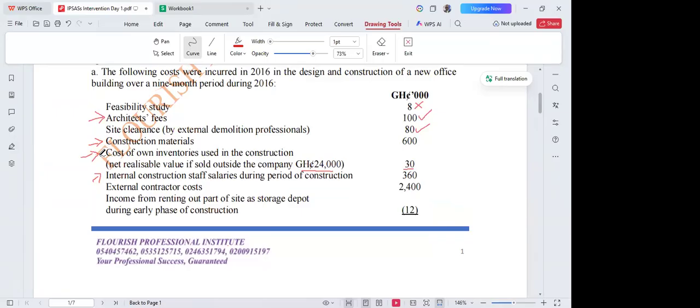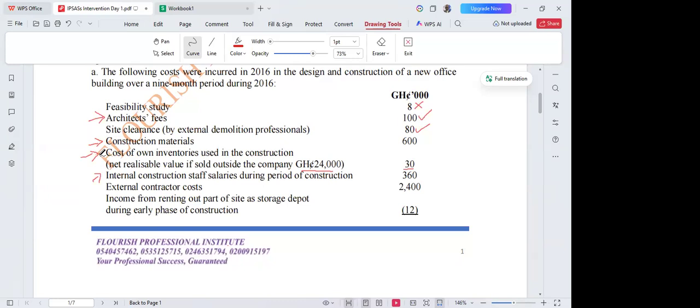Yeah, I said yes. It's relevant in a sense that that is the labor cost. When they started the construction, these are the people that work to make the construction complete. So you have to pay them. It's a labor cost. So she's saying it's a labor cost.